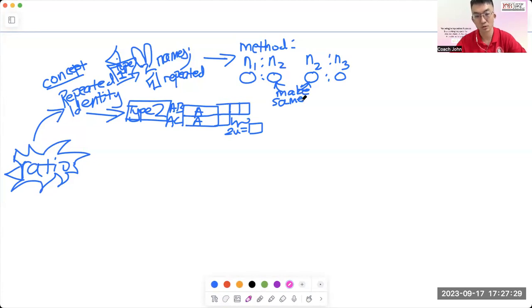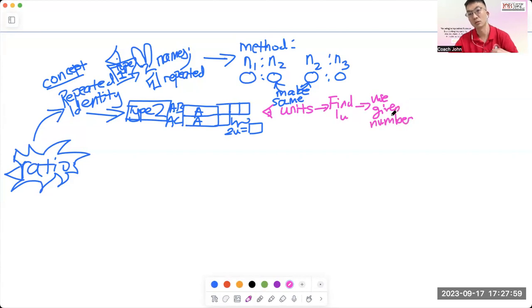Because there are units involved, you know you need to find 1U, and that's when you make use of the given number. What does it mean by given? It means that the number is literally given in the question.